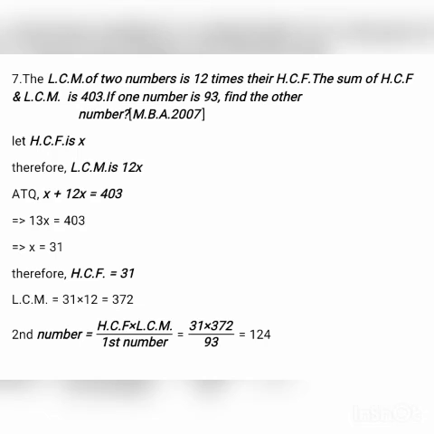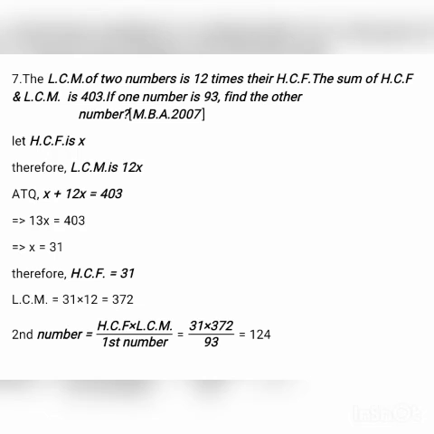So we can write HCF equal to 31 and LCM equal to 31 x 12, that is 372. Now we have HCF, LCM and first number, and we will have to find the second number.